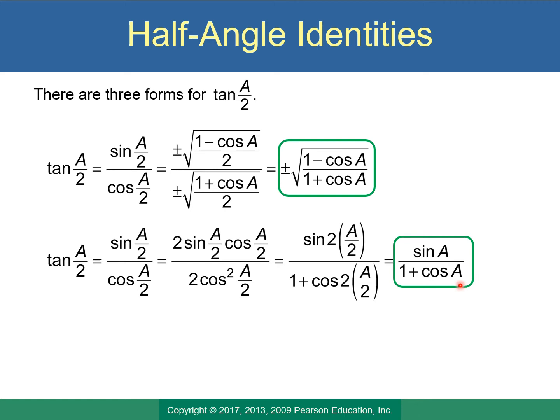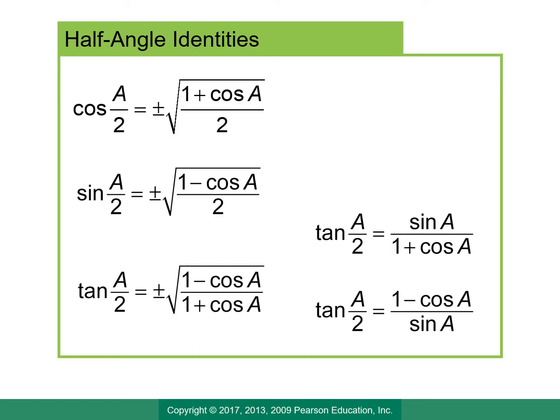A similar process will get us our last version. So here are our 5 half angle identities: 1 for cosine, 1 for sine, and 3 for tangent. If you know your double angle formulas, that's how you can quickly come up with your half angle formulas.